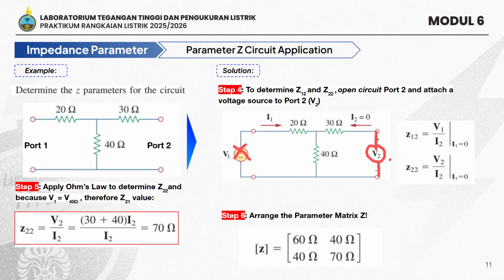We apply Ohm's law to determine the parameters, and we know that the Z22 parameter is 70 ohm, and we can arrange the parameters into a matrix. Here we determine the Z parameter in the form of a matrix.